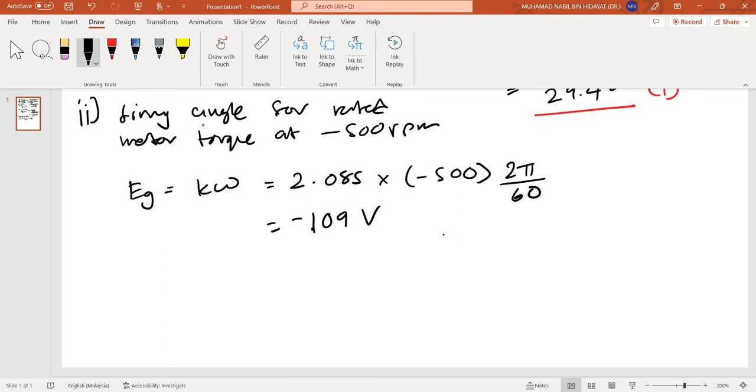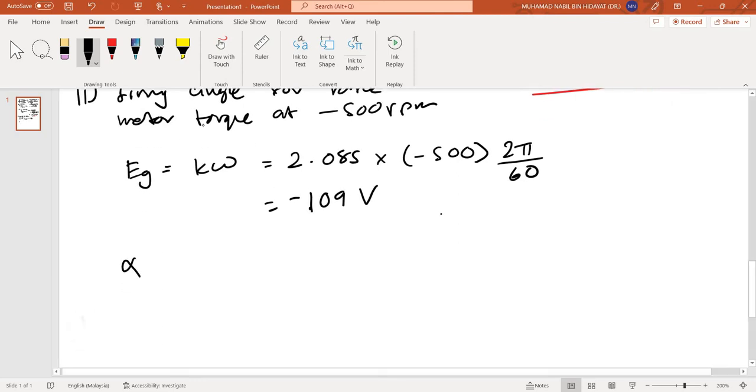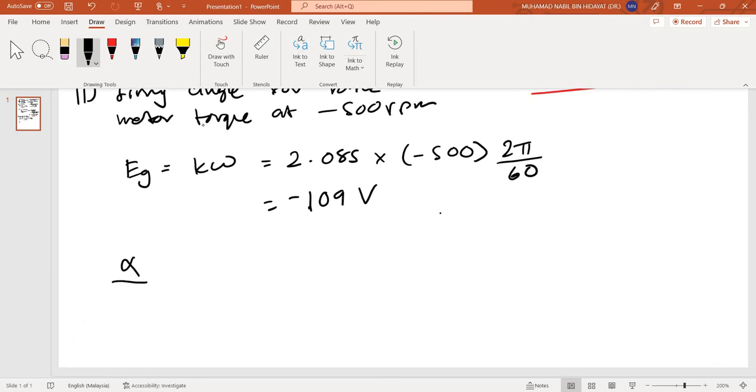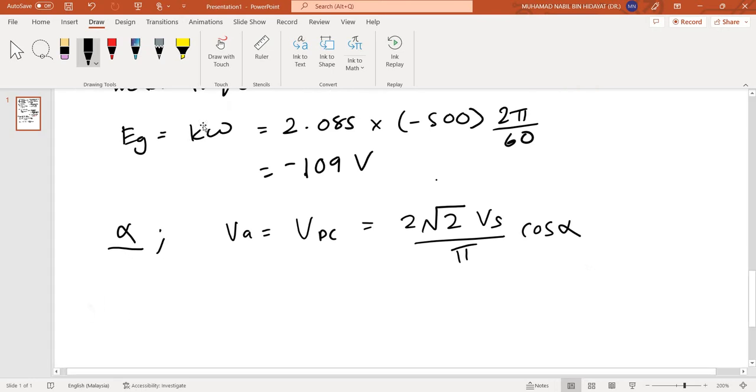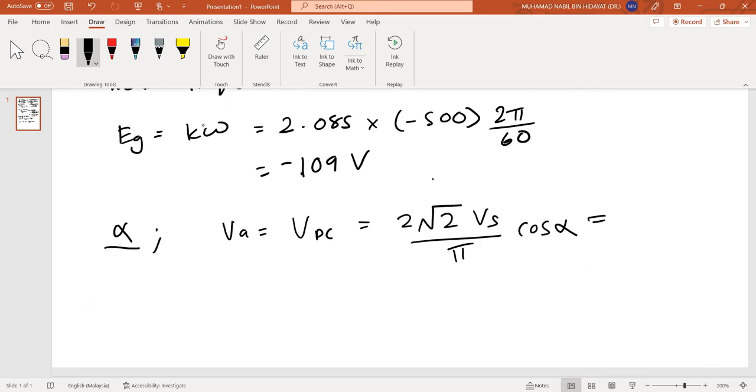And the firing angle: VA equals VDC, again the same equation. For full bridge rectification, we use this equation, IA RA plus EG.